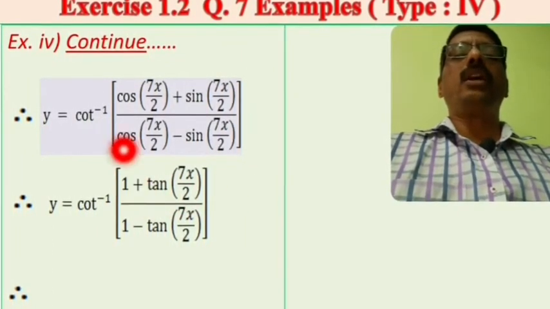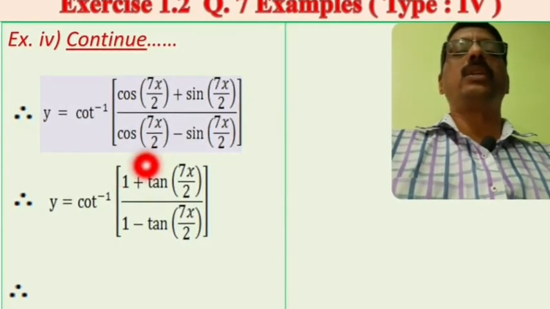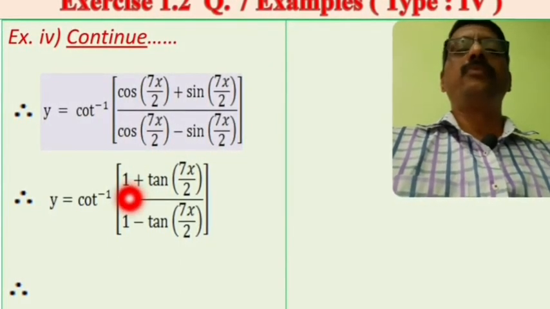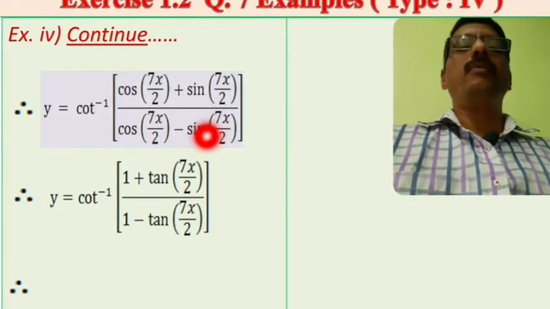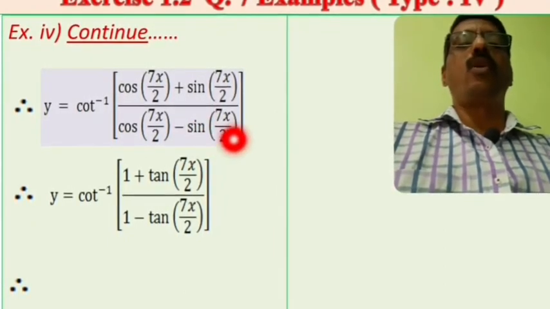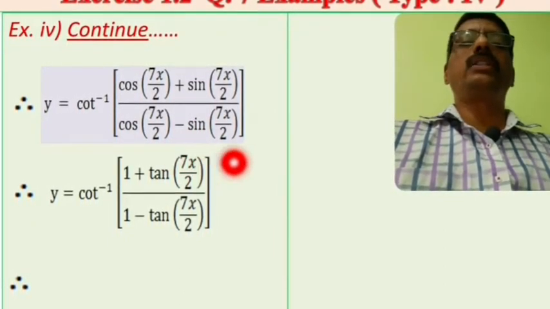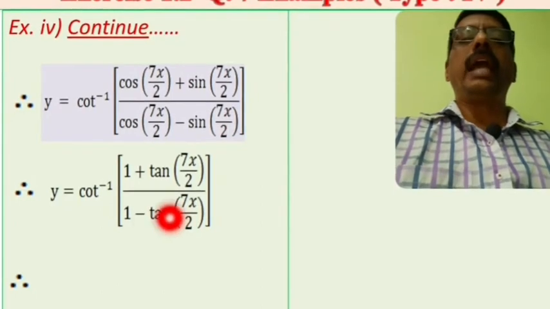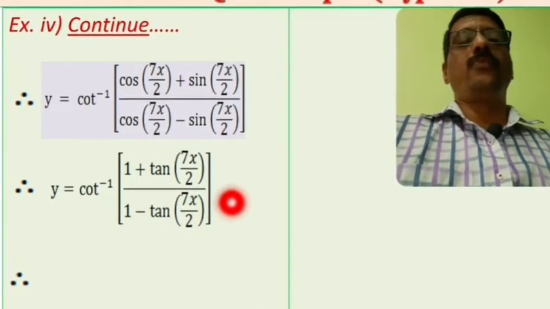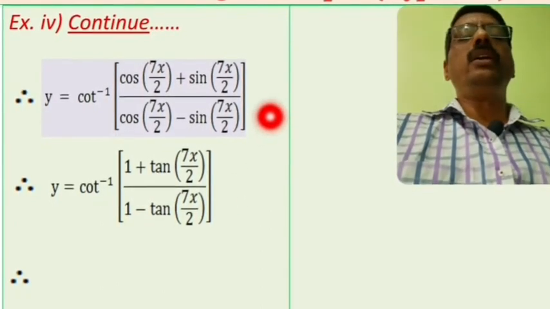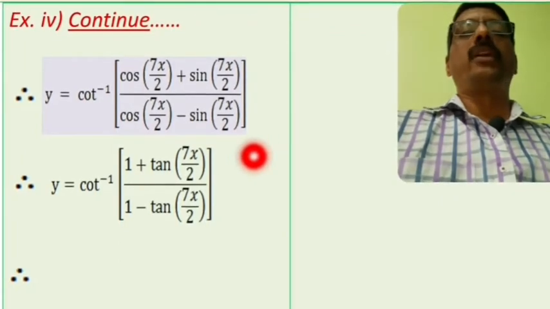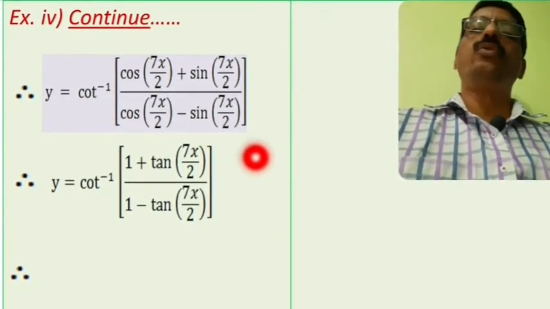Again in the denominator, cos 7x/2 divided by cos 7x/2 cancels, and minus sin 7x/2 divided by cos 7x/2 becomes tan of 7x/2. So we only divide the numerator and denominator by cos of 7x/2.